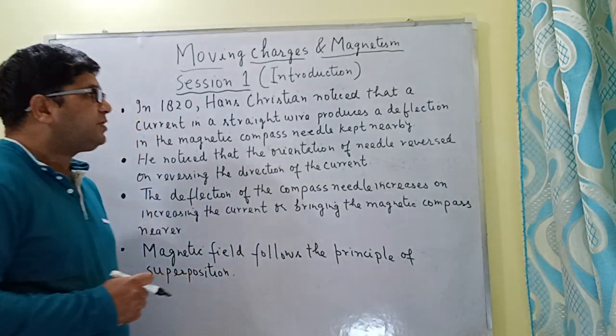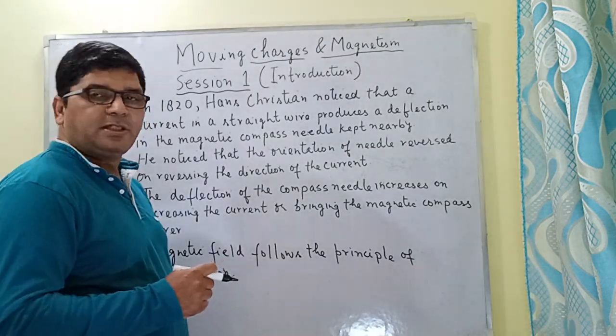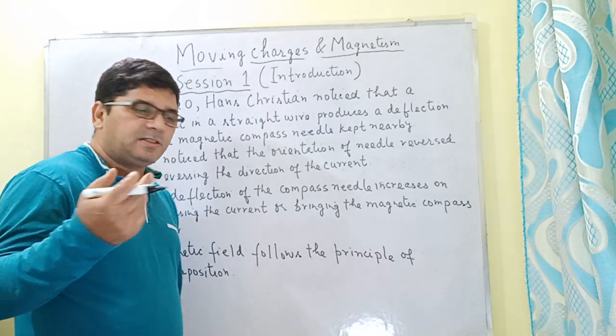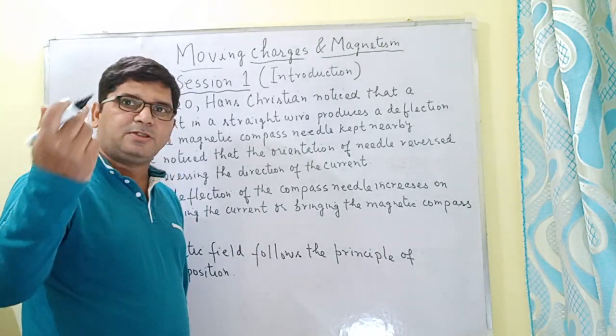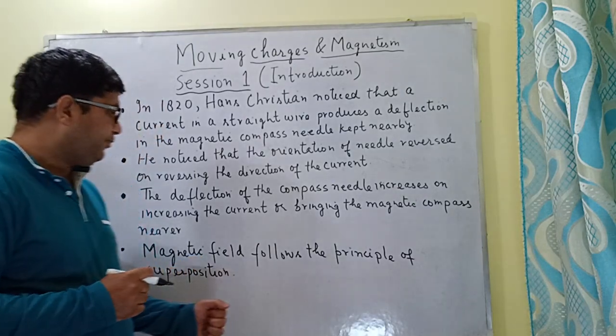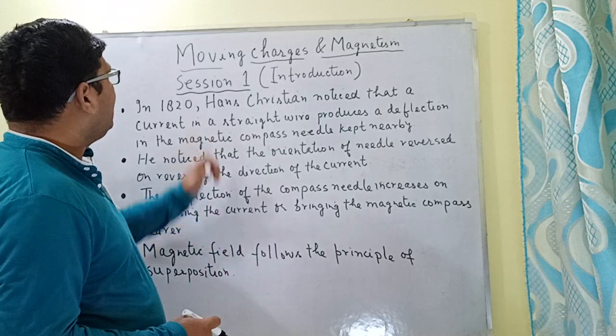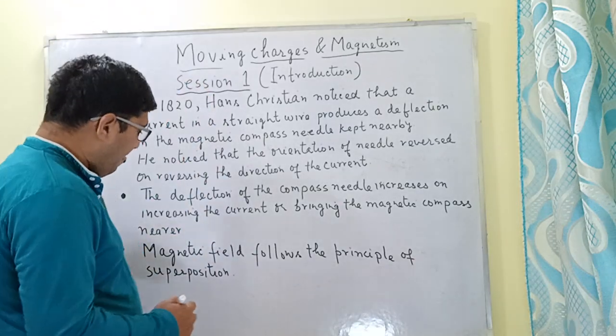The third thing which we will be studying in this chapter is how particles can be accelerated to very high energies in the cyclotron. So these are some of the important things which we will be studying in this chapter.